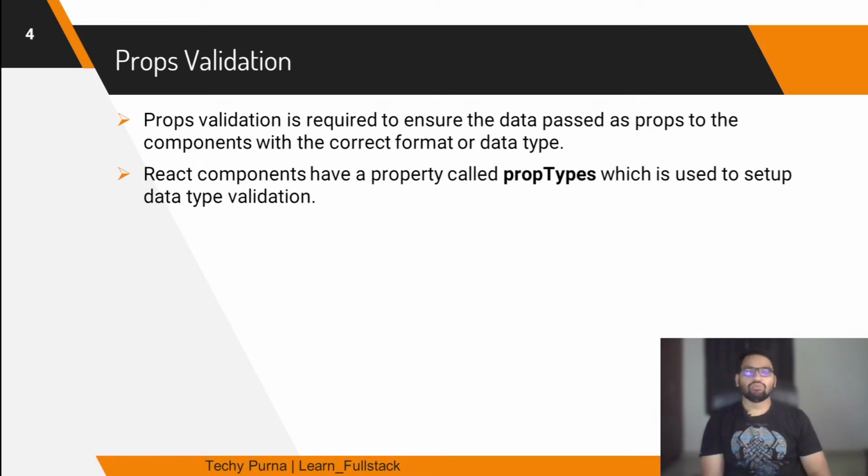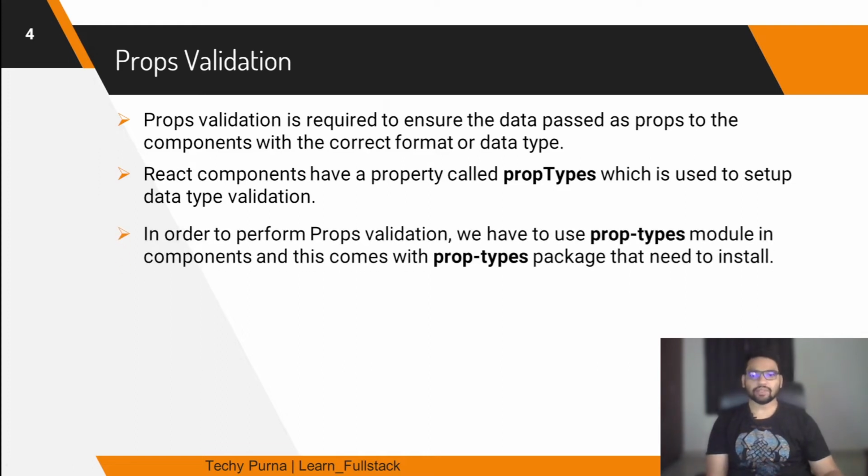To validate the properties, we need to use PropTypes, which is a property of the component. A React component has a property called PropTypes, which is used to set data type validation. In order to perform prop validations, we have to use the PropTypes module in the component, and this comes with the PropTypes package that needs to be installed.